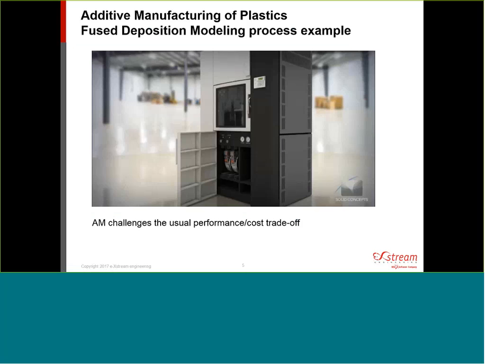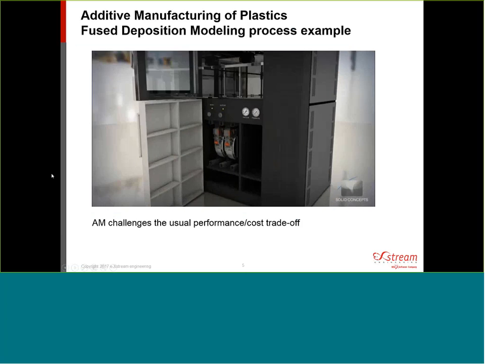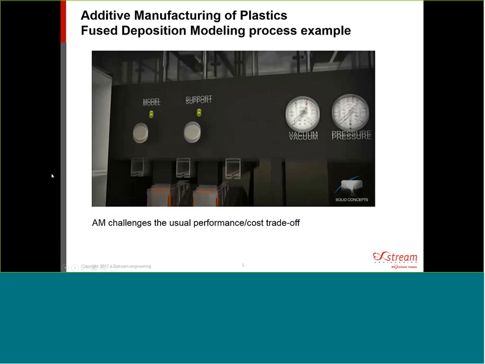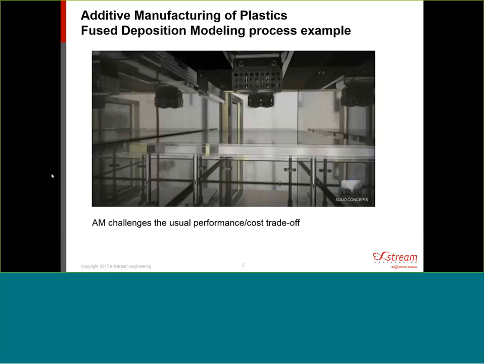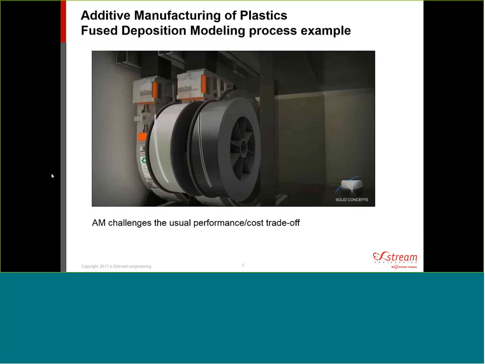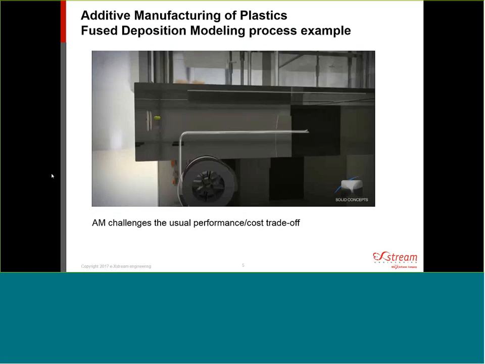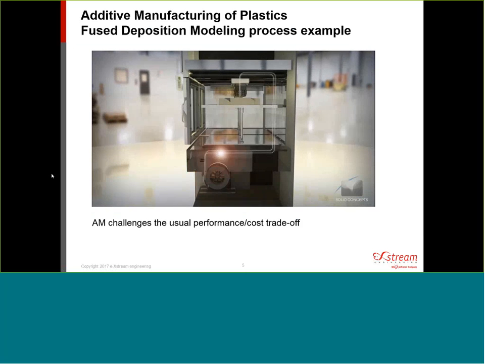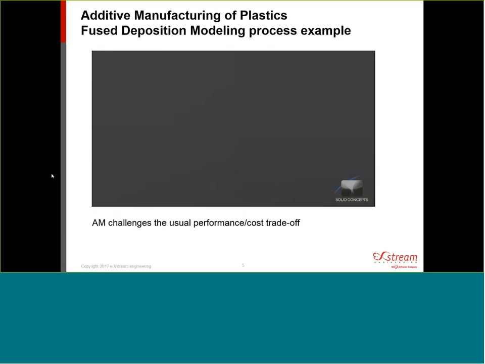So I guess everyone is pretty much well aware of additive manufacturing and how it works. Just one quick word to say that, for instance, with technologies such as fused deposition modeling, very complex parts can be built because we are not relying on subtractive methods, but we are adding material layer by layer.